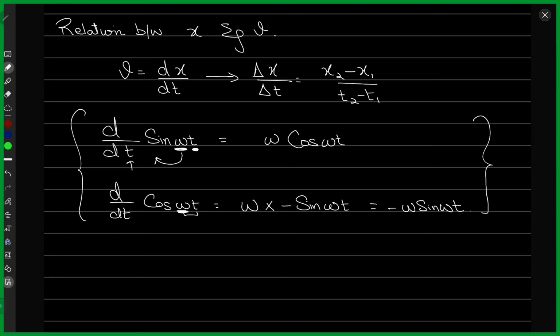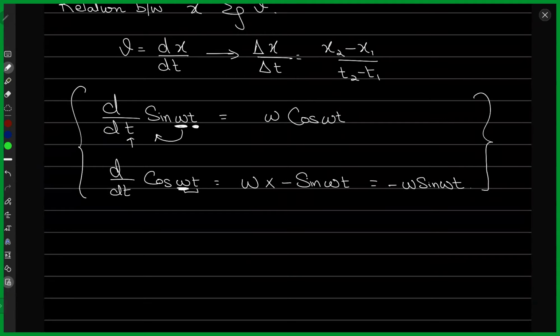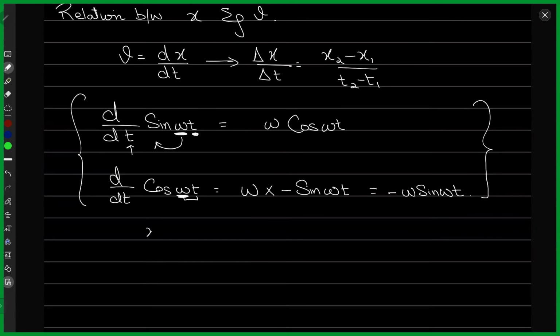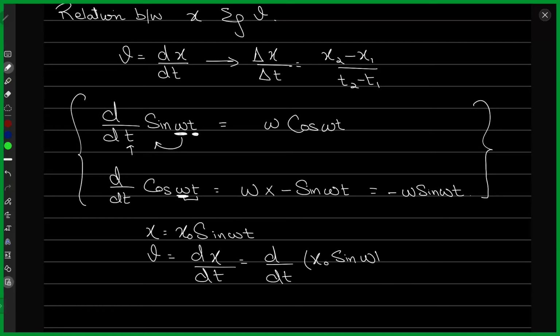If you know this thing, then now remember quickly that x was x naught sine omega t. Then to find velocity, I just have to differentiate this with time, meaning this would be d by dt of x naught sine omega t.